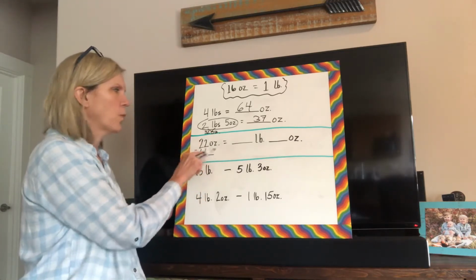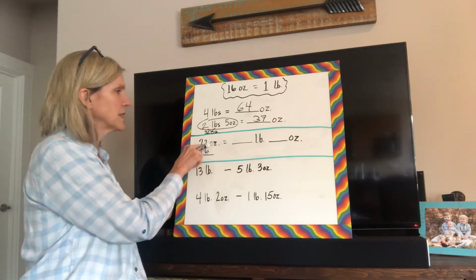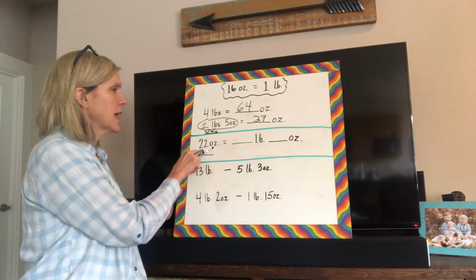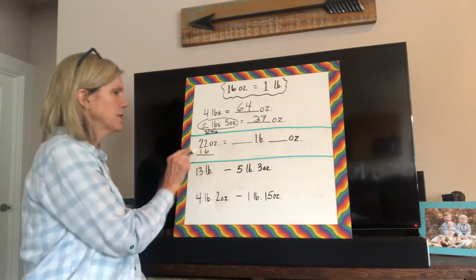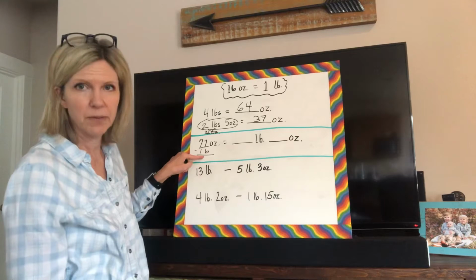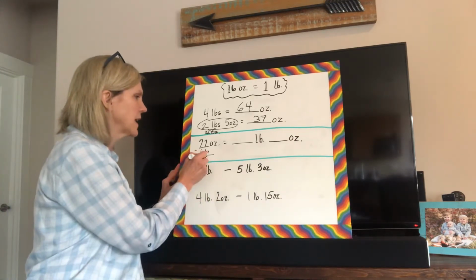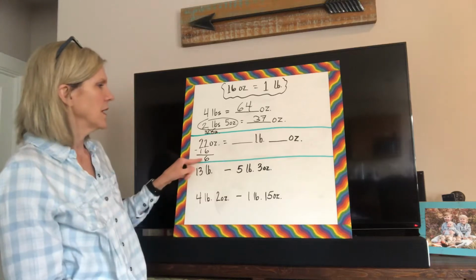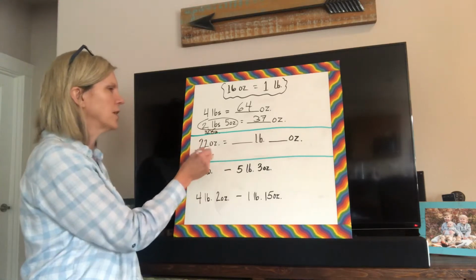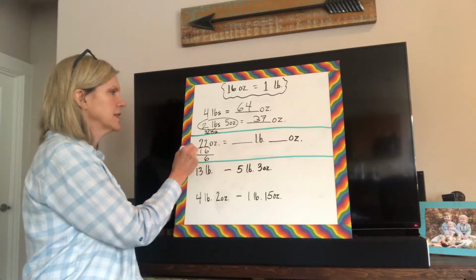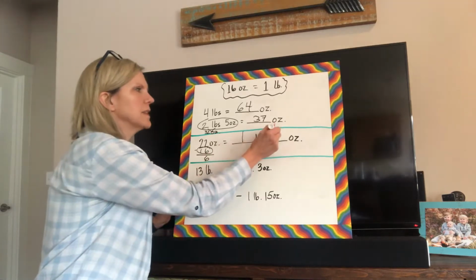So we're taking 1 pound out of that. So 16, we're taking out of 22. You might be able to do that in your head, because if you add back up 16 plus what equals 22, that would be 6 ounces. So we know that 22 ounces is the same as 16 ounces, which is 1 pound, and 6 ounces left over.